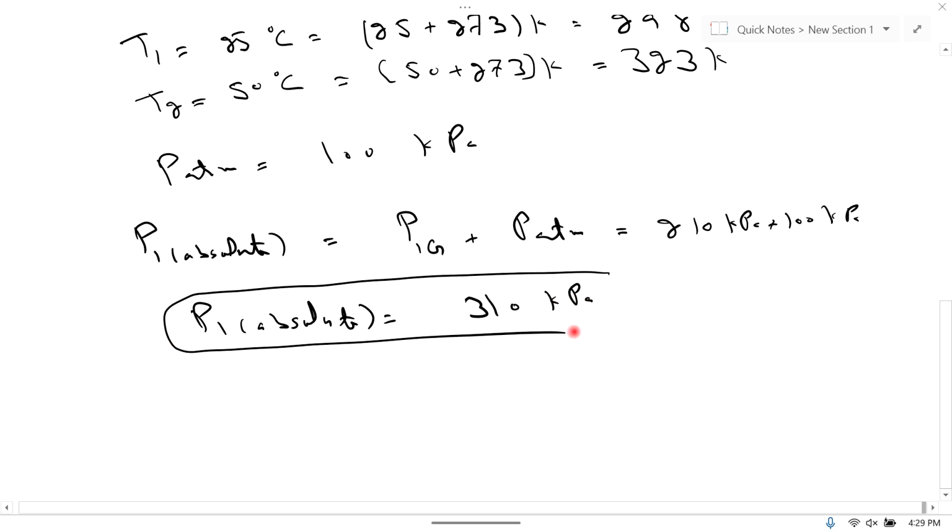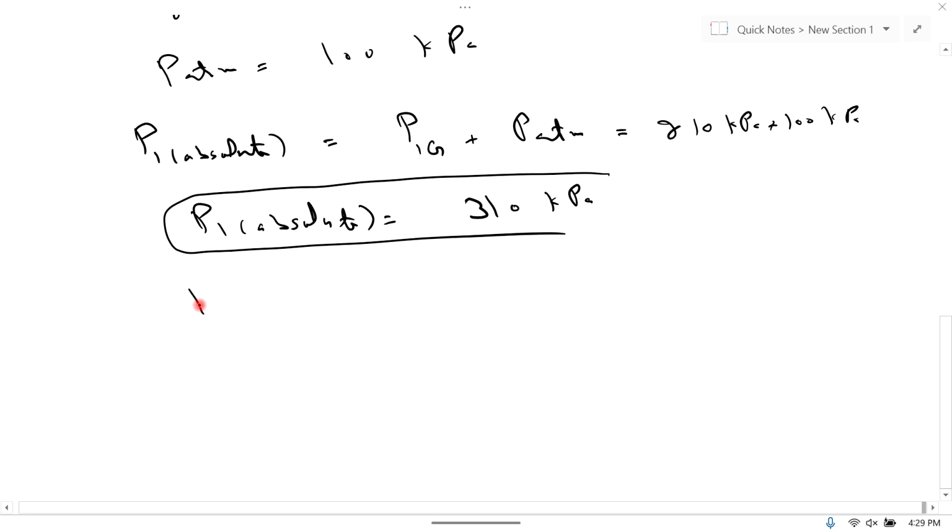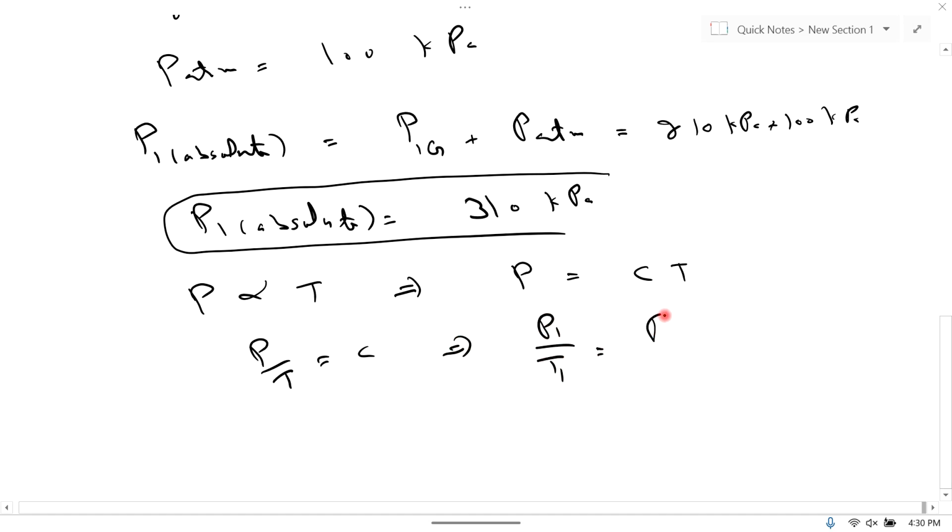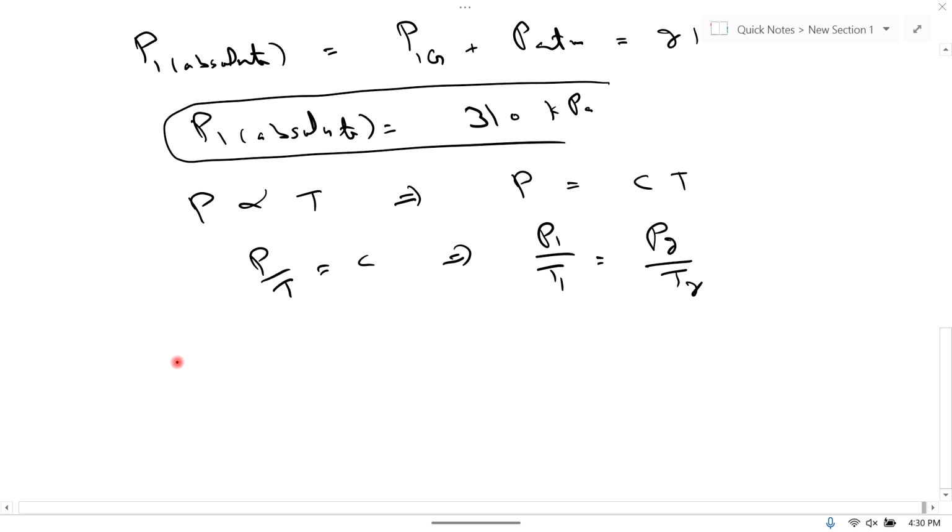Now we know from the given data that P is proportional to T. So P is equal to CT, where C is a constant. So P by T is equal to constant, or P1 divided by T1 is equal to P2 divided by T2. Rearranging this equation to find P2, P2 is equal to P1 times T2 divided by T1.